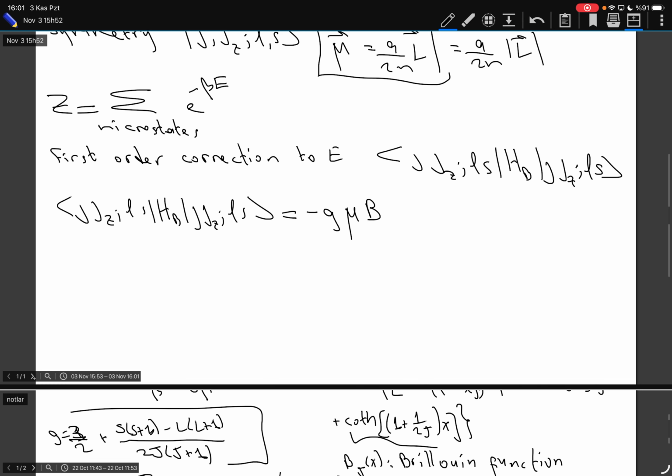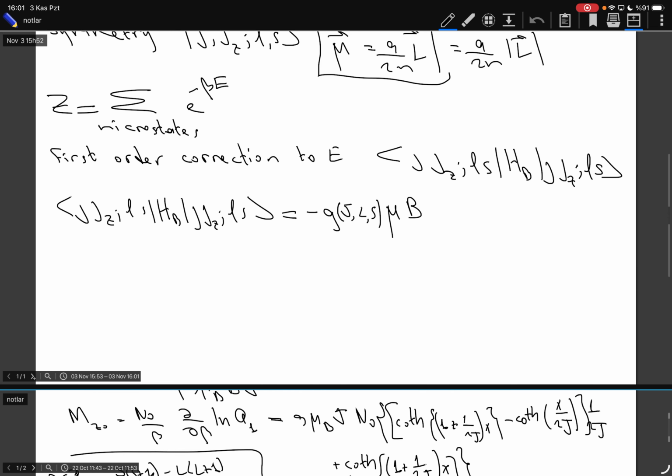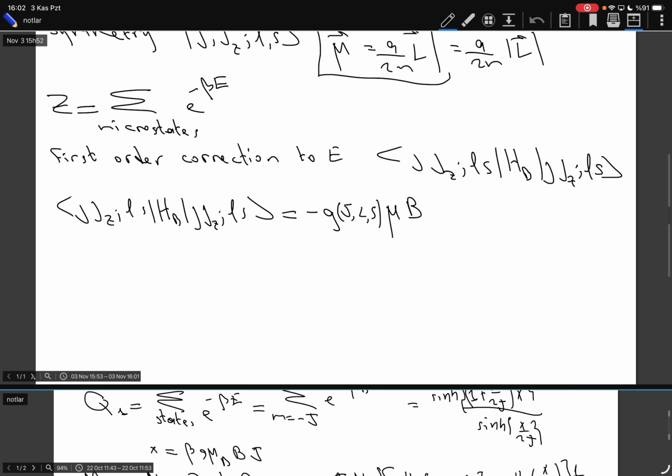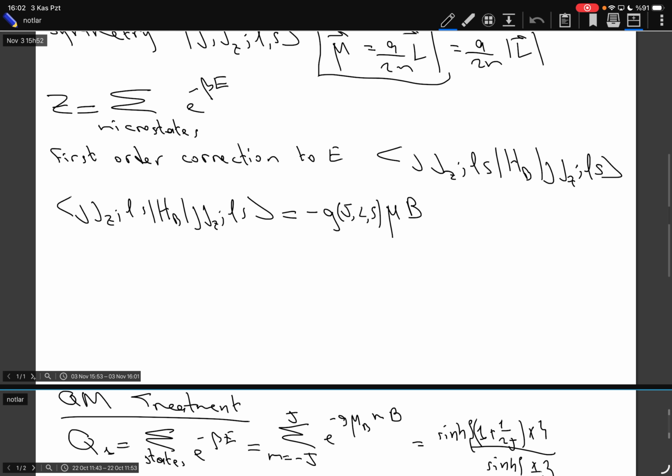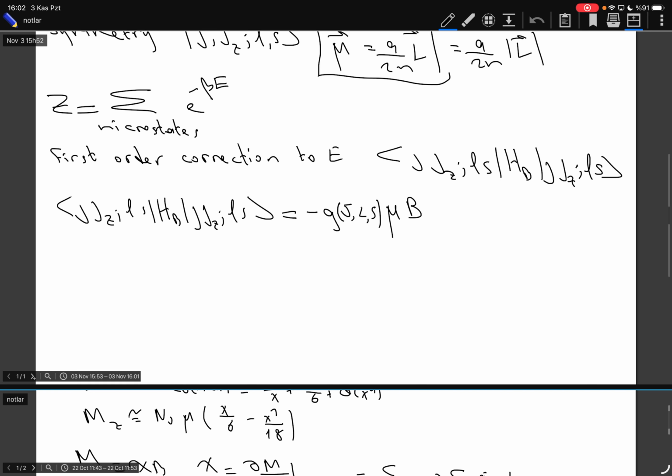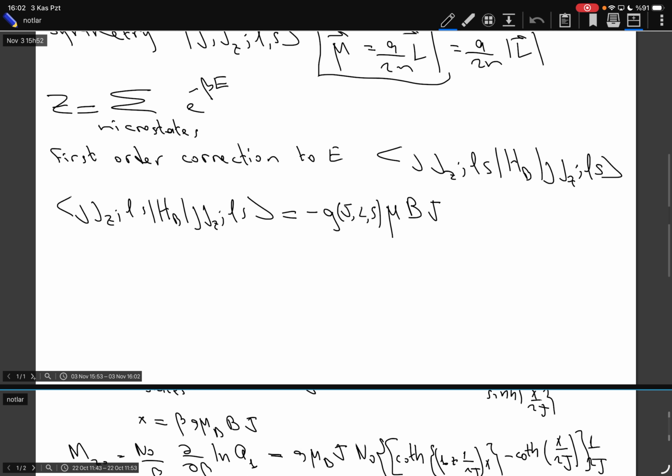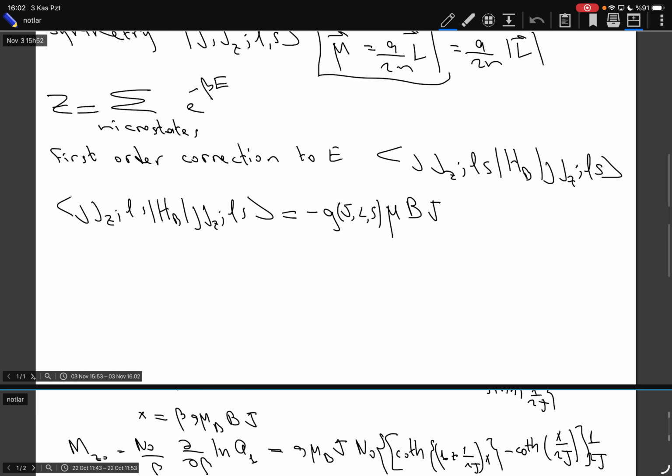And let me put Jz here. This g will depend on J, L, and S. This is the matrix element.